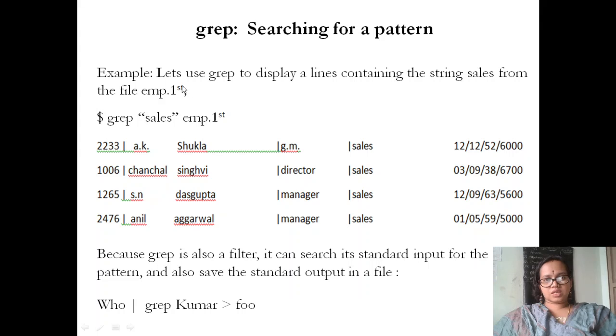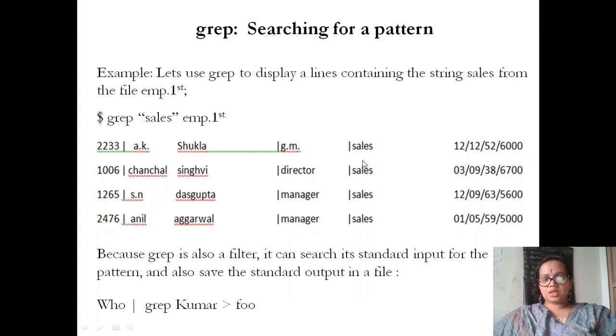With this example we will check how the command executes. Let us use grep to display lines containing the string sales from the file emp list. Here we are choosing the lines where sales appears.